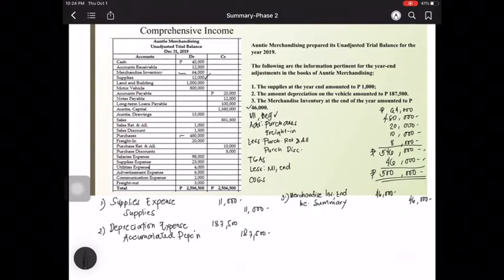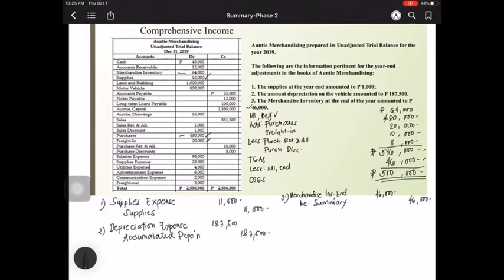So to recognize our cost of goods sold, what do we do? We just have to close first your purchases accounts. In closing, all you have to do is to reverse the original entry that you made when you recognized these purchases accounts. Your purchases accounts are your purchases and your freight in. We debited them originally, so to close them, we just have to reverse the entry.